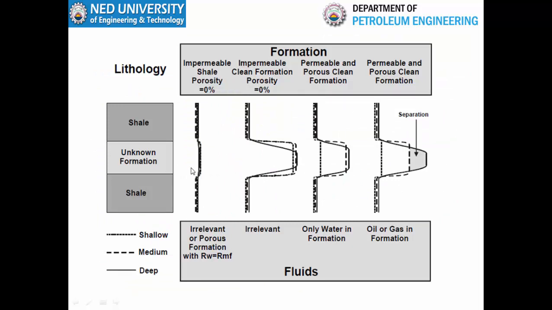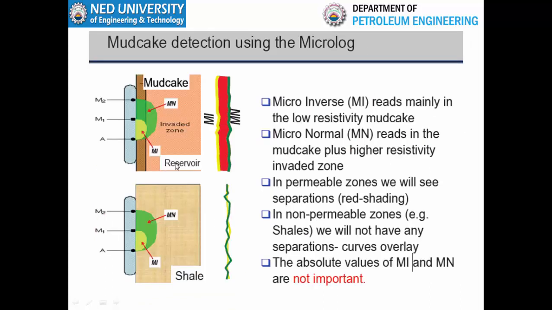And if all the curves are overlapping, it will indicate that this zone is impermeable, because in impermeable zones we do not have mud invasion and we do not have fluid distribution in different zones. So the near wellbore zone will have the same fluid distribution as the far zone.